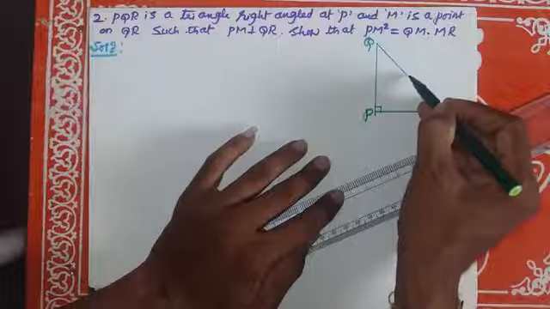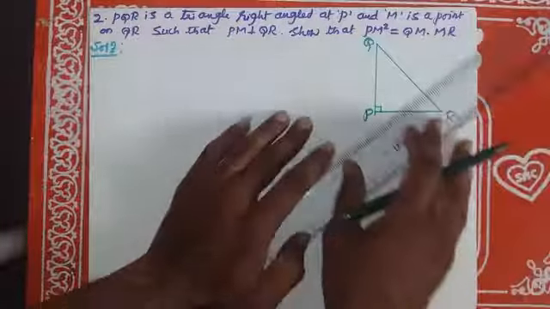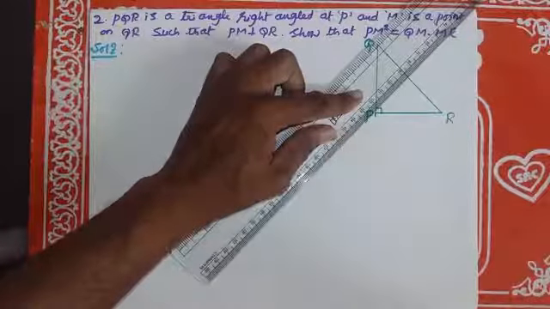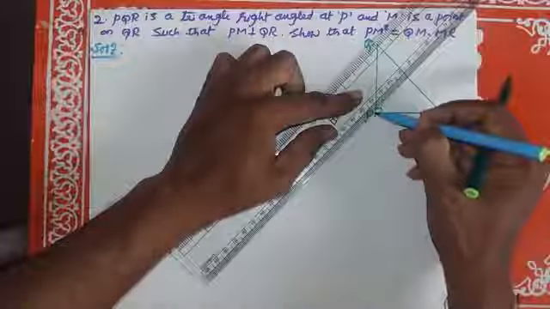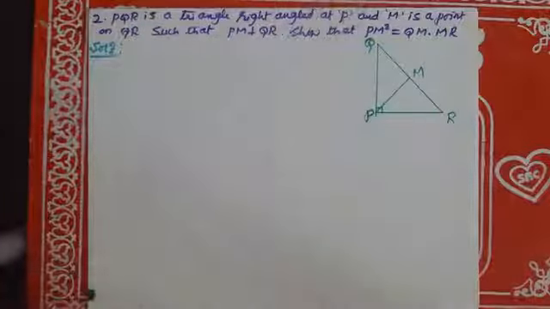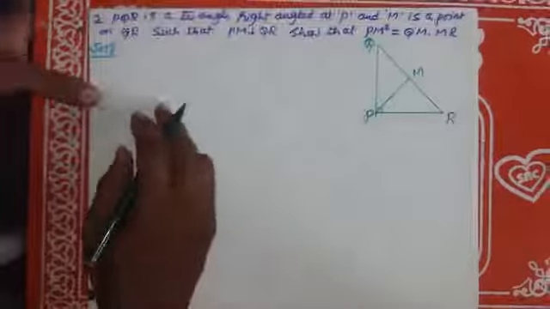Next, PM perpendicular QR. M is a point on QR, correct? M is a point on QR. Let us see the solution. Okay.